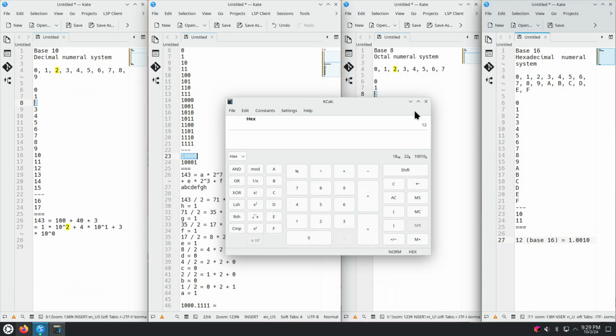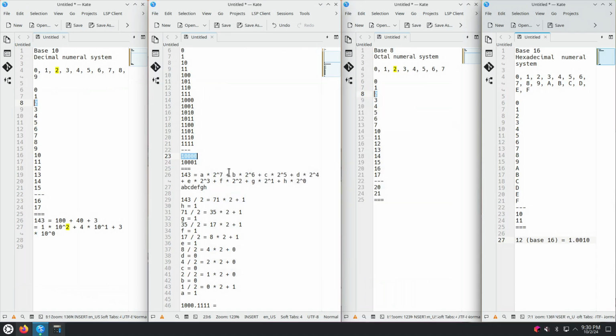So in converting from base 2 to base 16, we've split pairs of 4 digits in base 2. When going the other way, from base 16 to base 2, you're going to convert each of these into 4 base 2 digits.